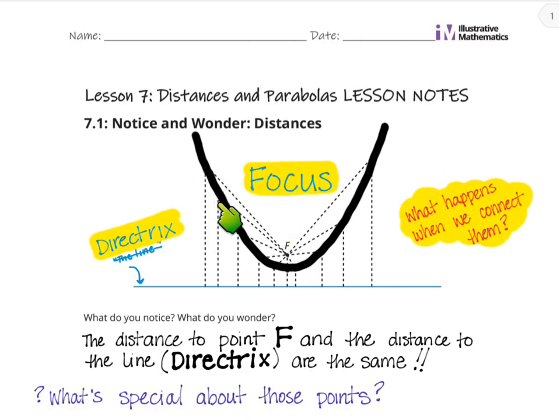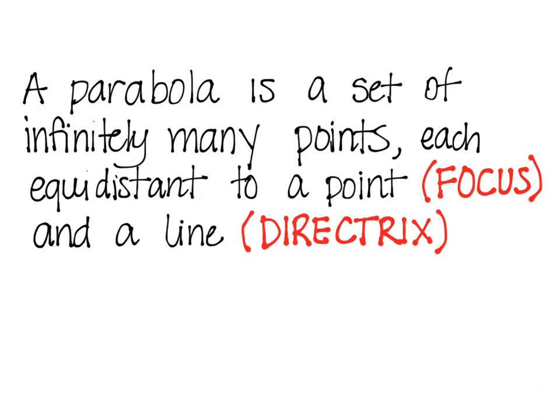And all of the points on this parabola are equidistant to the focus and the directrix, which is our definition. A parabola is a set of infinitely many points, each equidistant to a point, the focus, and a line, the directrix. Remember to pause the video so you can write these things down.